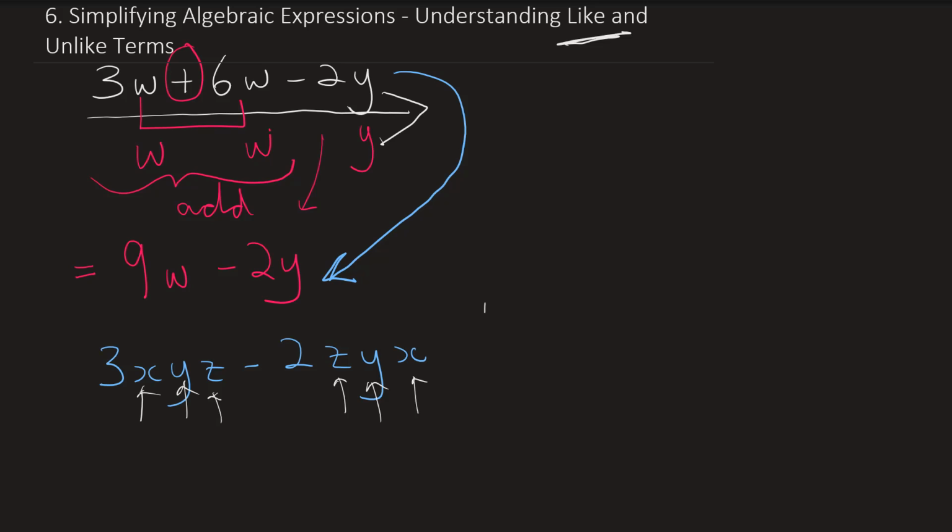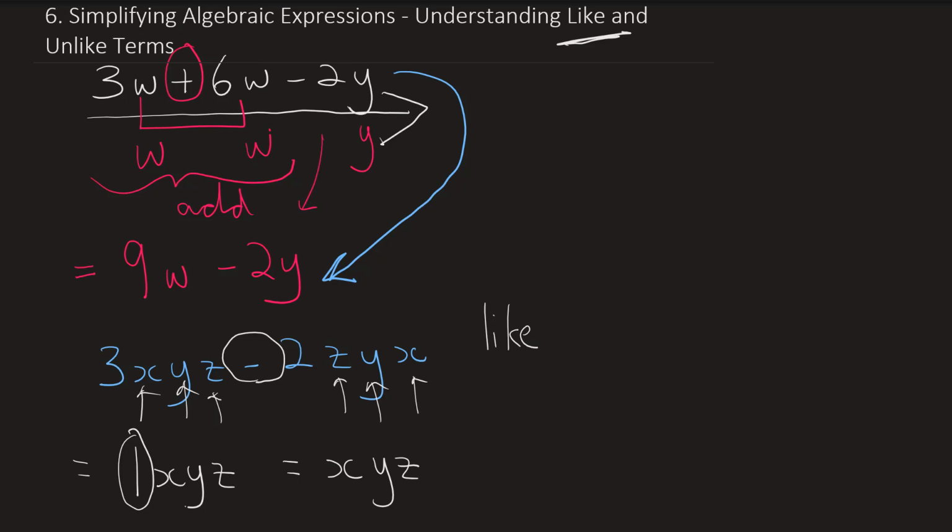But these are like terms, and because they are like terms, I can go ahead and subtract them. So we look at the numbers and subtract, 3 minus 2 is 1, and then we just write the variables x, y, z. Convention says if there is a 1 in front of letters, we do not need to write the 1. So this simply becomes xyz.